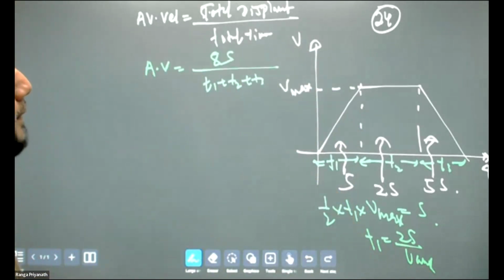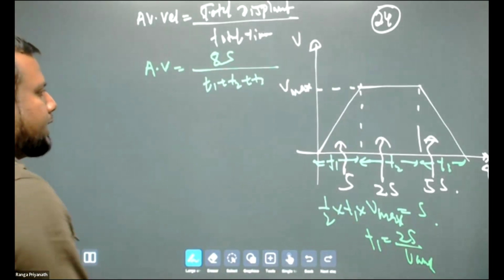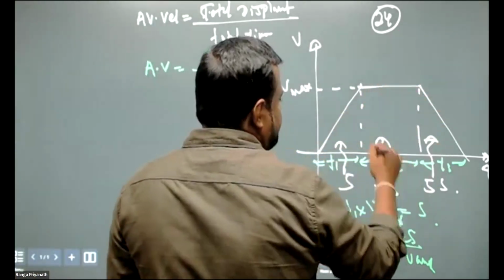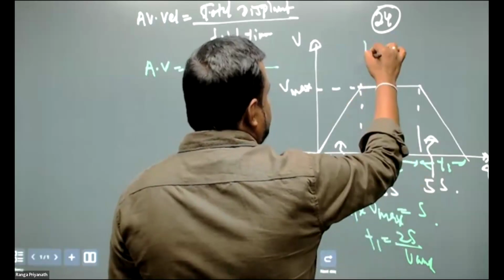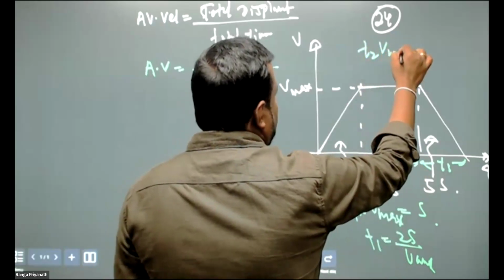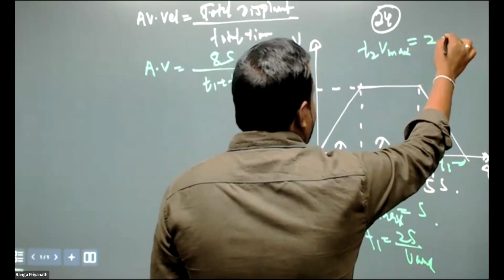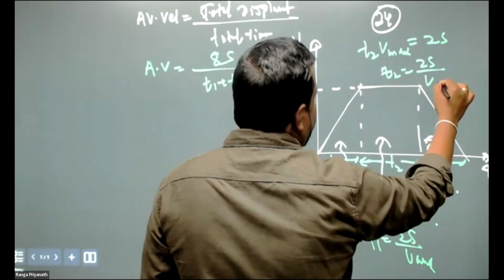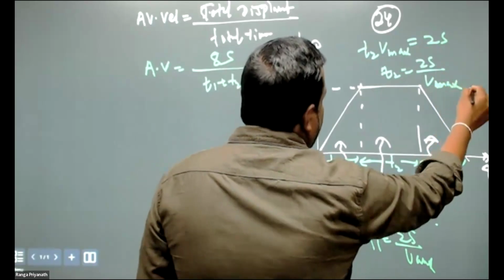Similarly, you can calculate the balance. For this area, t2 into Vmax equals 2s, so t2 equals 2s divided by Vmax.